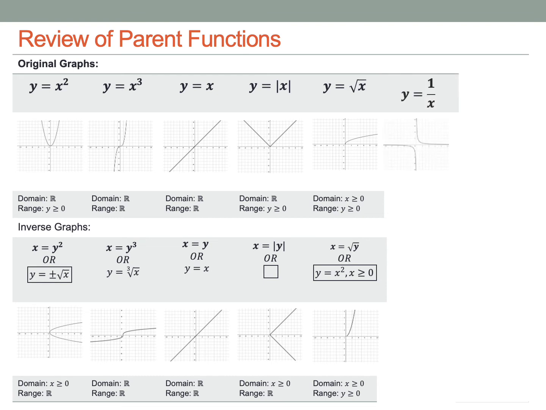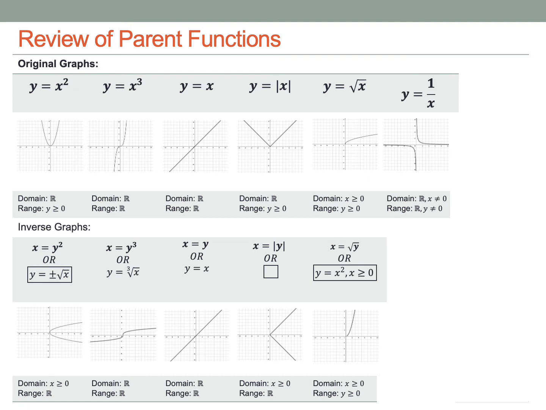Okay, next parent function that we've gone over is the hyperbola, right? It's y equals 1 over x. It looks like this. Remember, those are the branches of the hyperbola. The domain and range for both of them are all reals except for those restrictions, right? Because there's asymptotes. So the domain is all reals except for x cannot be 0. And the range is the same, all reals except for y cannot be 0.